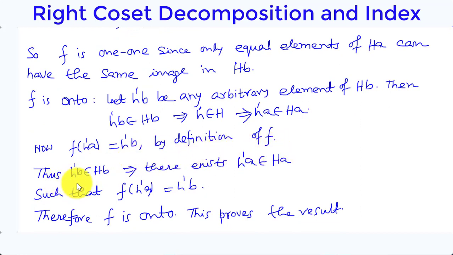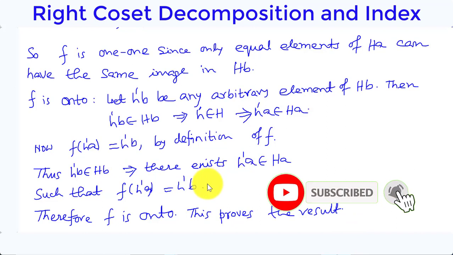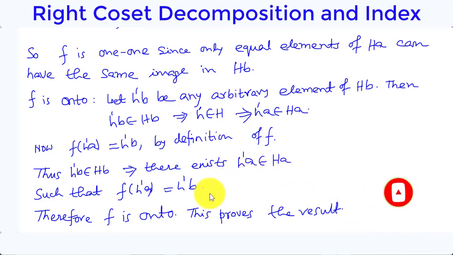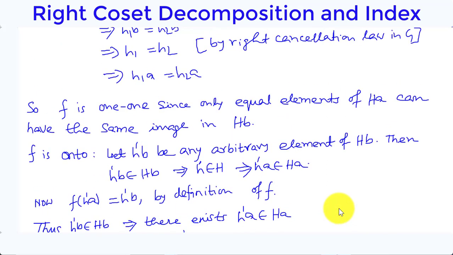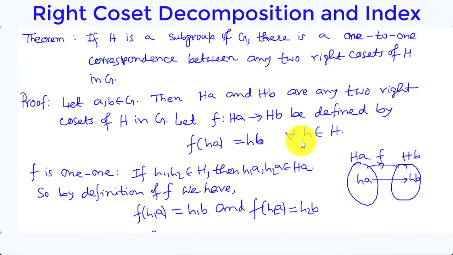Thus, h'b belongs to Hb implies that there exists h'a belongs to Ha such that f of h'a is equal to h'b. Therefore, f is onto. This proves the result that there is a one-to-one correspondence between any two right cosets of H in G.